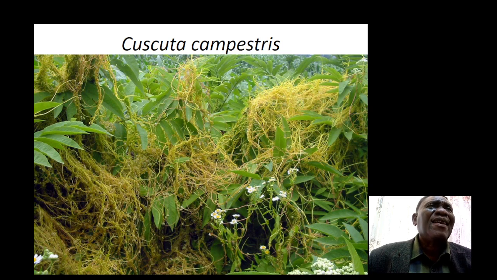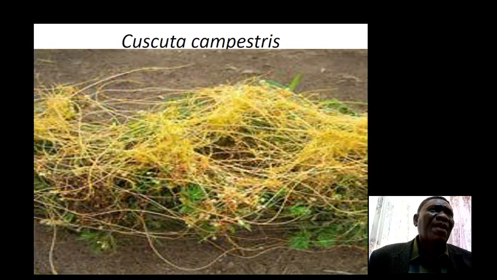This one is Cuscuta campestris. It looks like spaghetti with white flowers. It's a shoot parasite which is found on some crops. Again, Cuscuta campestris.